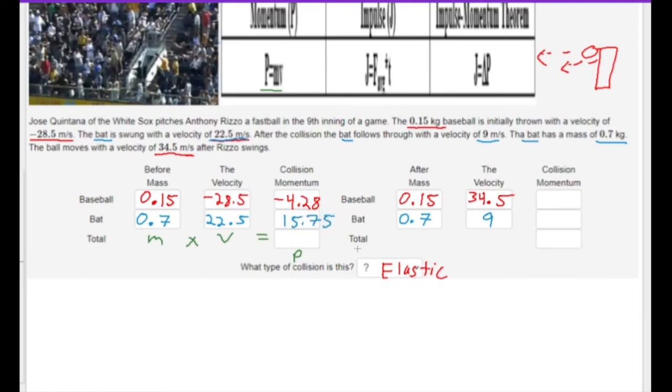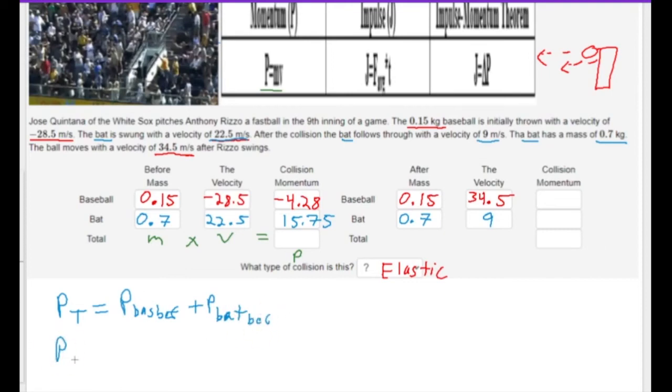15.75. So the total momentum here is going to be these two things added together. So the total is the momentum of the baseball before the collision plus the momentum of the bat before the collision.